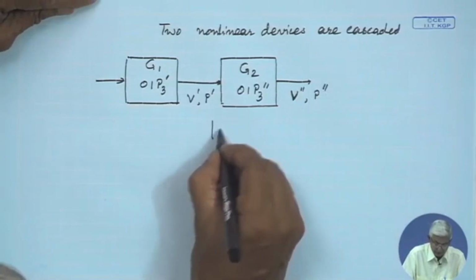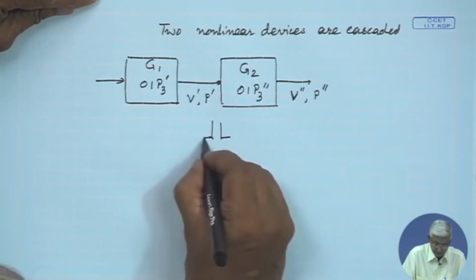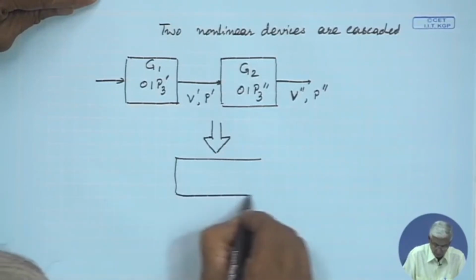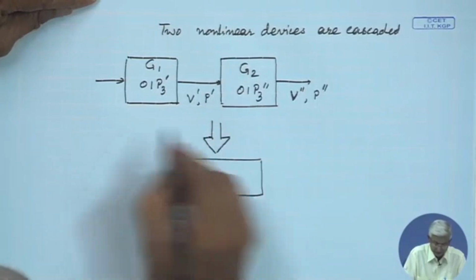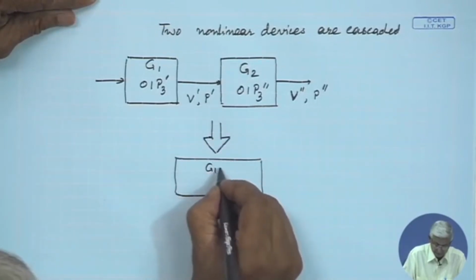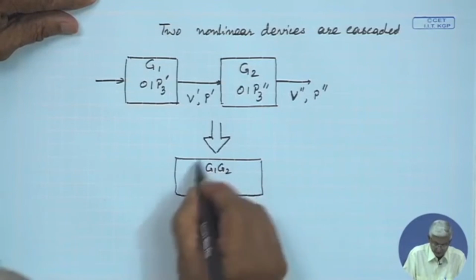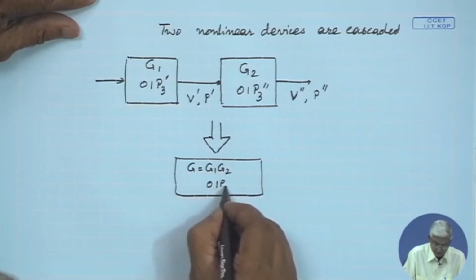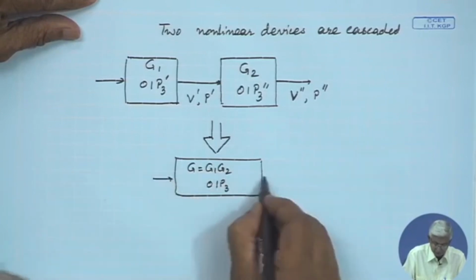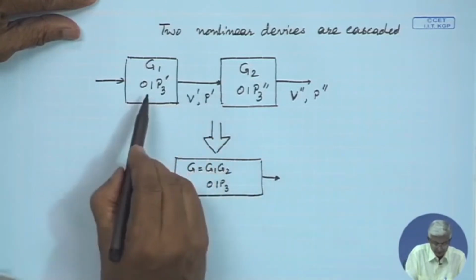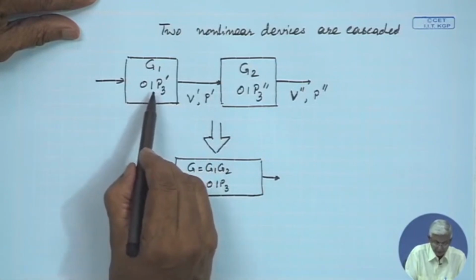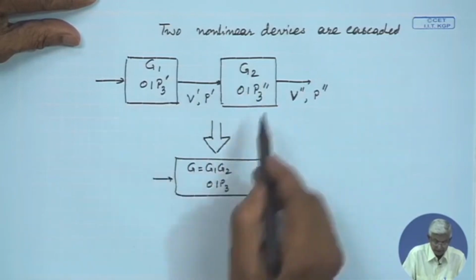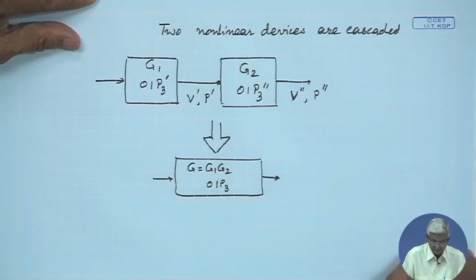Now, this whole thing could be said in terms of one single block, which is the cascaded effect, where G1 and G2 multiplied is the gain G, and it has an OIP3. So, this OIP3 in terms of the individual OIP3 of the individual stages and their gains, we will try to express that.